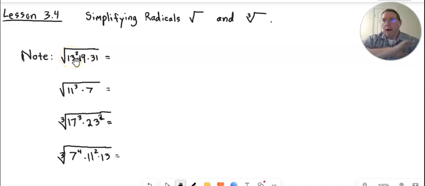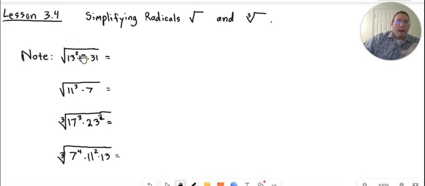Don't simplify. There's very little simplifying you can do if there is addition or subtraction. Please be very careful. All of the simplification we will do in this lesson will include only multiplication under the radical.